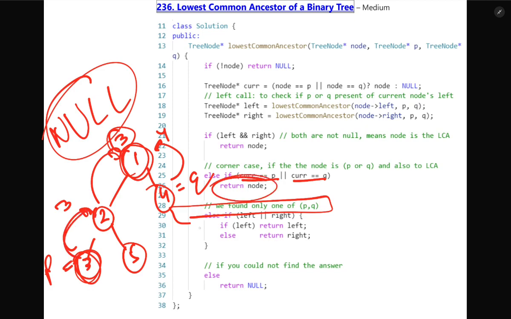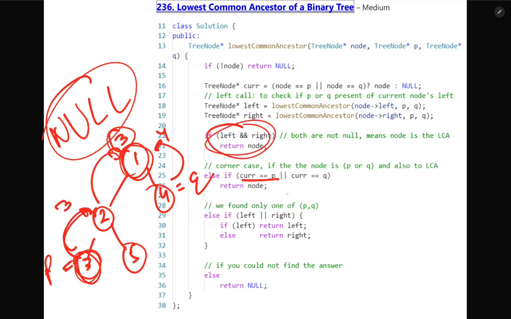So 3 will be returned to 2, then 2 will say this condition is also false. So it will say that okay, my left is something which is not null but my right is null, so I will return the 3. So 3 will be returned from this condition.